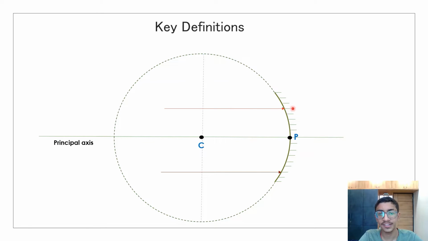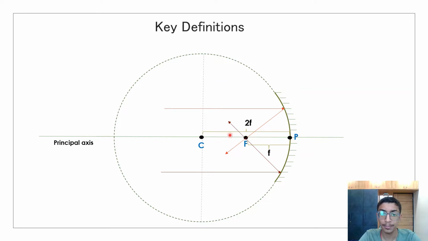Now when light rays close and parallel to principal axis are incident on a spherical mirror, then after reflection they seem to pass from a point on the principal axis. This point is called the principal focus. Now the distance between pole and the focus is called the focal length.